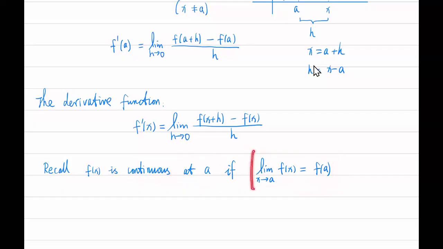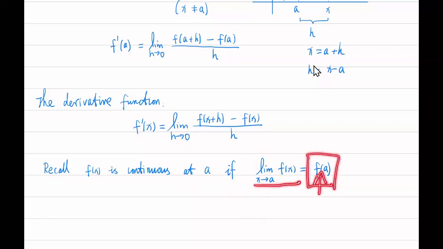Second requirement, the limit exists. Limit exists means the limit from the left side and the limit from the right side both exist and are the same. The third requirement, the limit exists and equals the value.